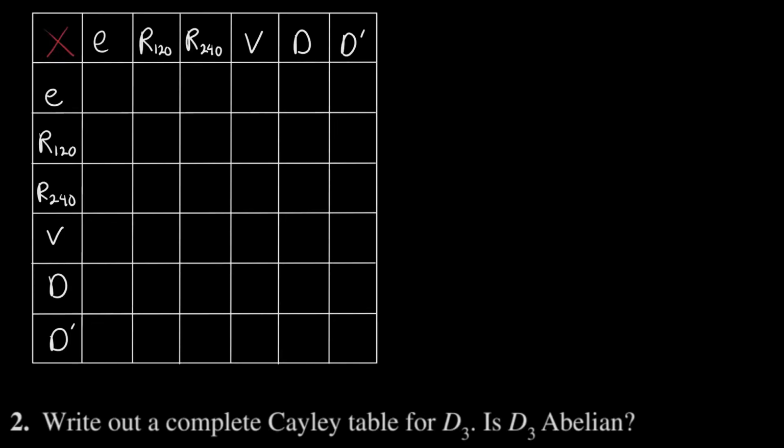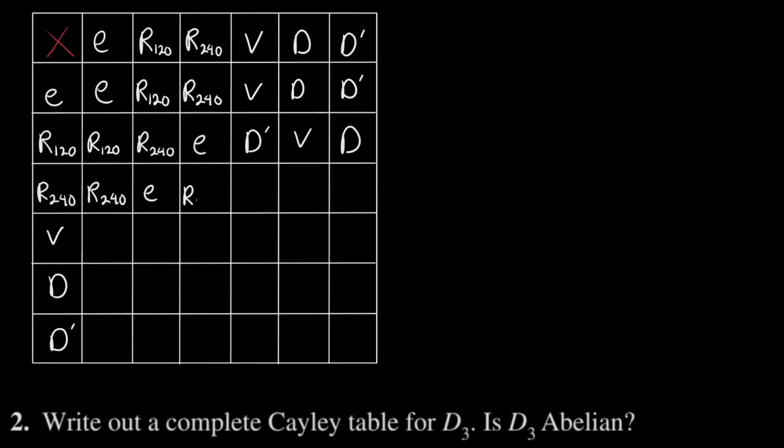Okay, second question. Write out a complete Cayley table for D3, and is D3 abelian? So I'll just write out the table here. One thing to keep in mind is that when you're filling in each spot on the table, you want to follow the laws of function composition.